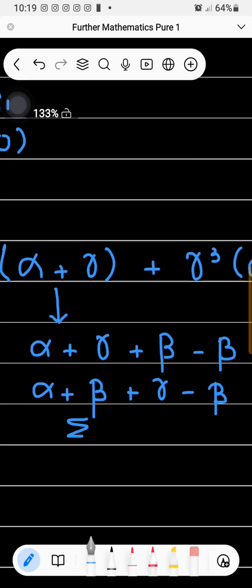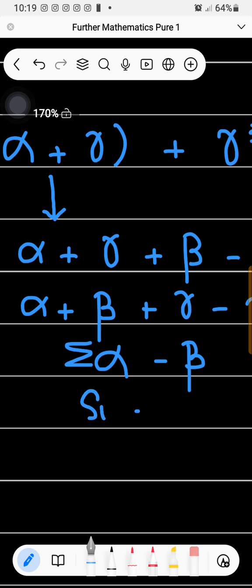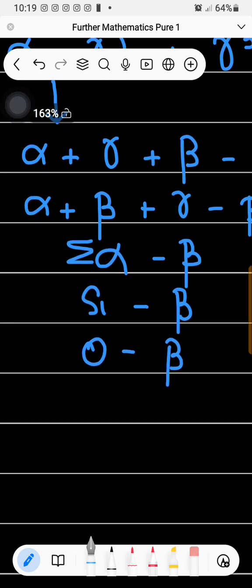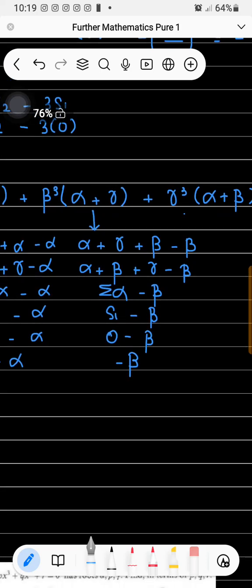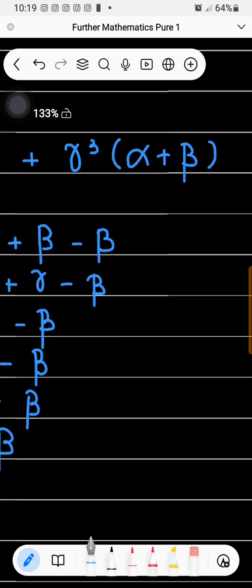Then it becomes sum of alpha minus beta, then S1 minus beta, then 0 minus beta. So we get that it is minus beta. There we got minus alpha, here we get minus beta.